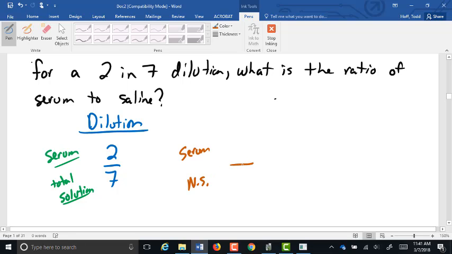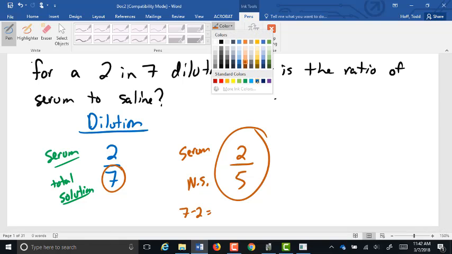So that ratio, it's still going to be 2 parts of serum. The parts of saline, however, if we have 7 total parts and 2 parts are serum, 7 minus 2 is going to give us 5 parts saline. So it's a 2 in 5 or 2 to 5 ratio of serum to saline.